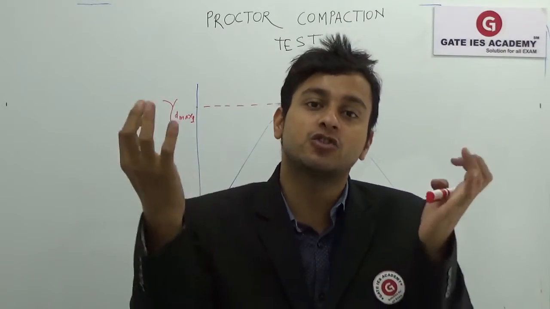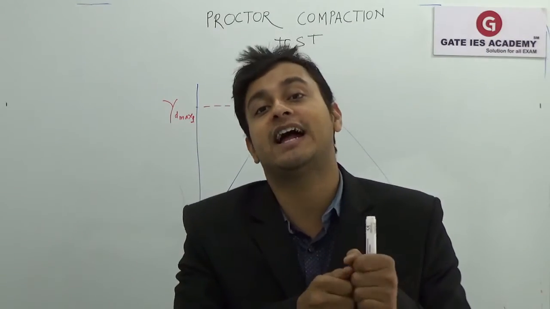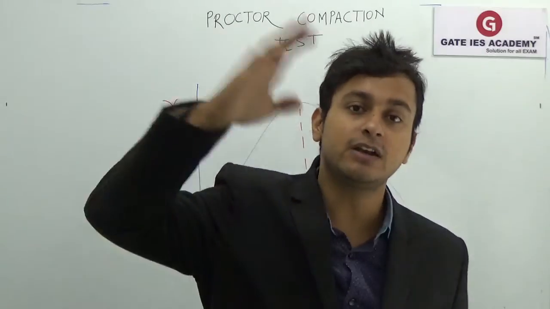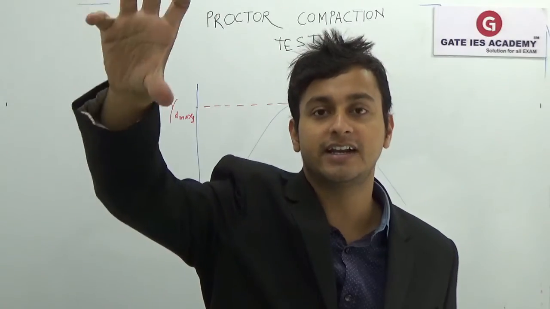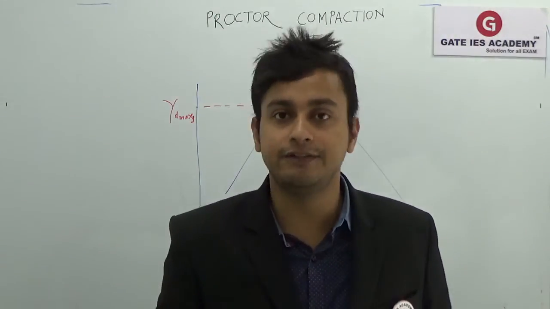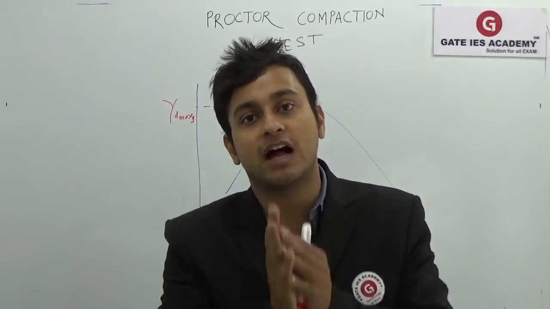So initially the soil grains come closer to each other because of the lubrication provided by the water, and hence the net volume of the system decreases. Soil's weight Ws is constant, therefore volume decreases and compaction is achieved because the air voids are now expelled out and the system is compacted.